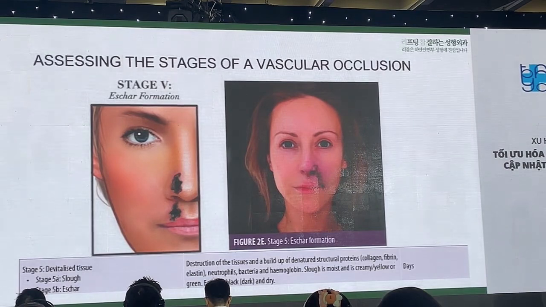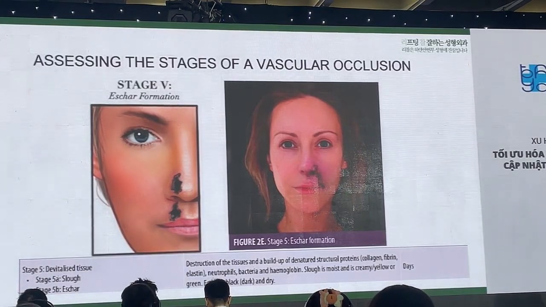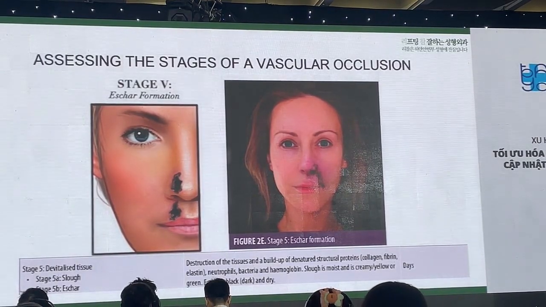5. Devitalized tissue, eschar formation. Finally, the fifth stage is tissue devitalization, characterized by sloughing and eschar formation. This is the result of prolonged ischemia leading to full thickness necrosis.